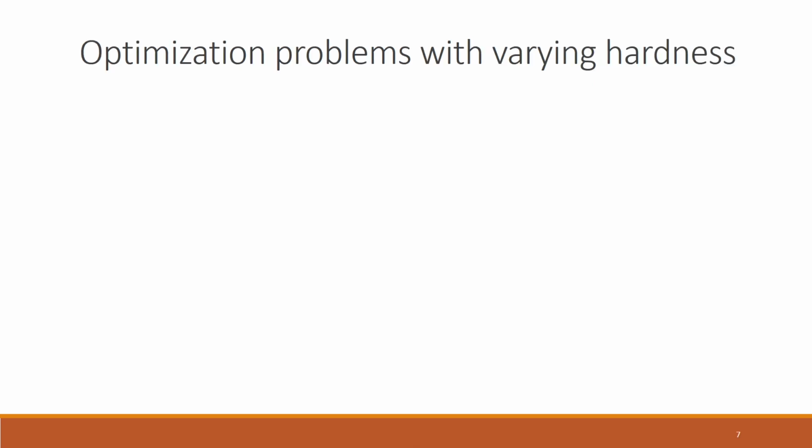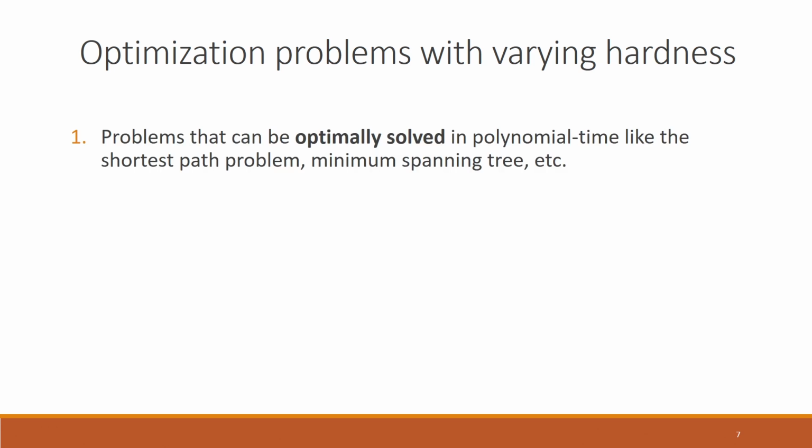So, just to summarize, we have now categorized optimization problems with varying hardness. The easiest ones are the problems which can be optimally solved in polynomial time. This is important. Like the shortest path problem and the minimum spanning tree problem.